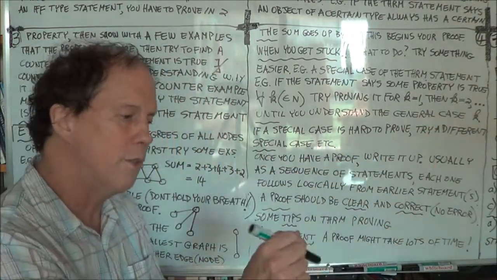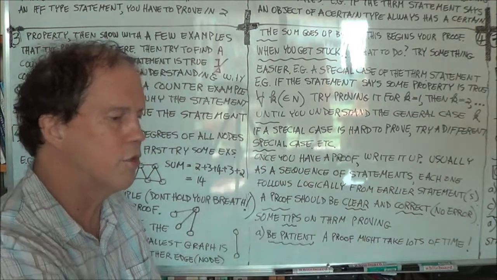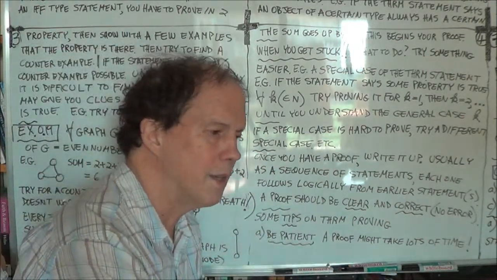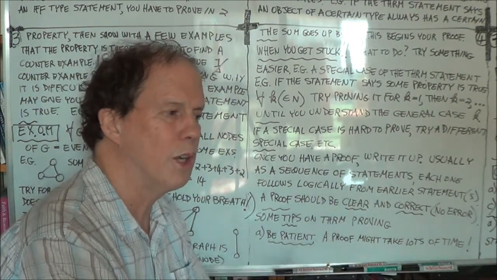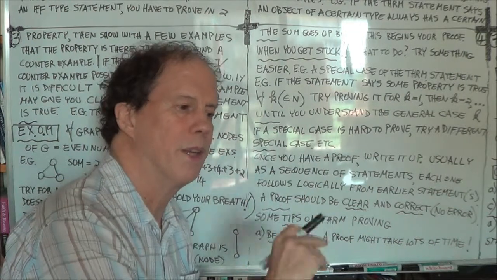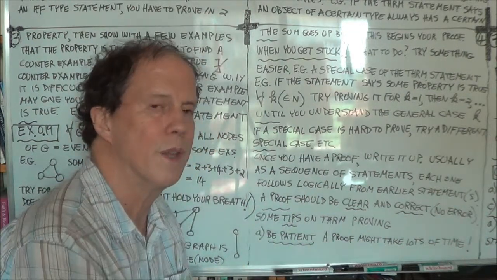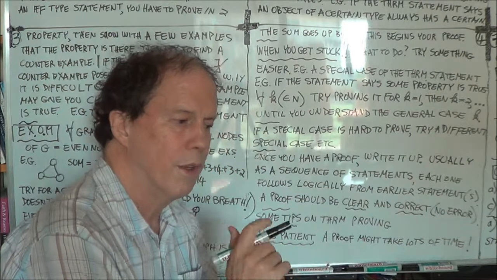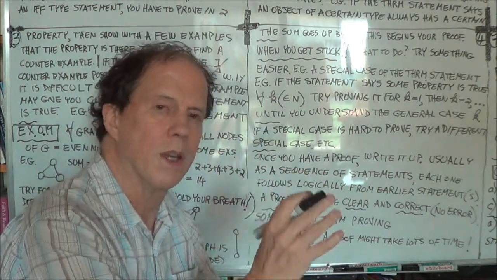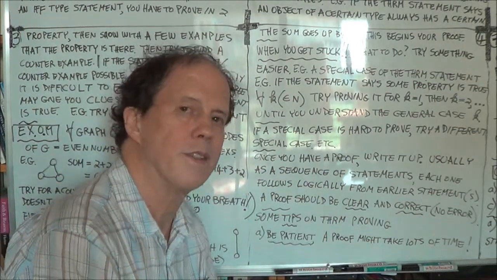And after a while, if you keep proving it's true for 1, it's true for 2, and so on, you might start seeing a pattern emerging of why it's true in each case, and then you might be able to take that pattern and put that into a proof, right? So it's not only true for k is 1, it's true for k is 2, but it's true in general for all positive integers k.